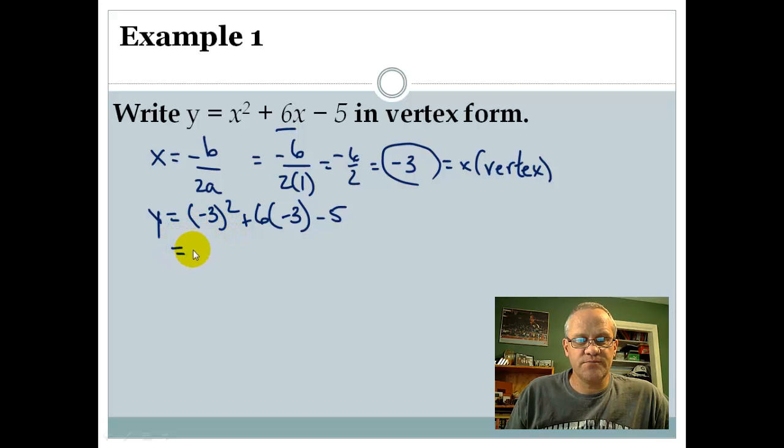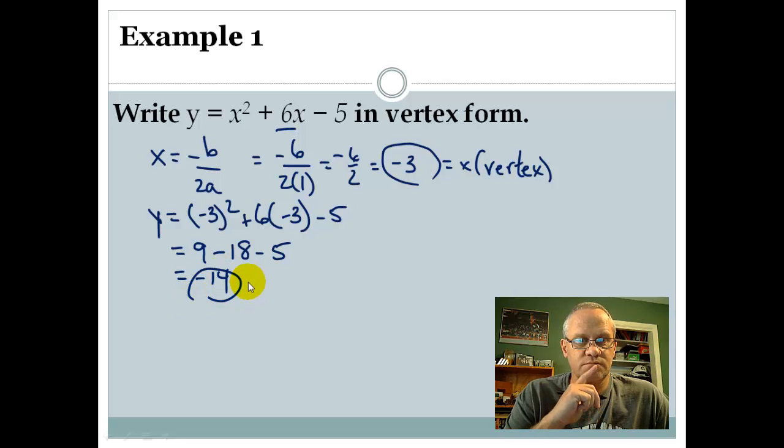So negative 3 squared, 9. 6 times negative 3 is negative 18, and minus 5. And so then 9 minus 18 is a negative 9, minus 5. It's going to be a negative 14, it looks like there. And that is the y of the vertex.